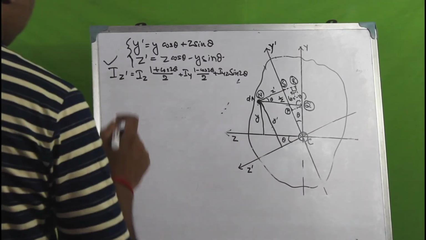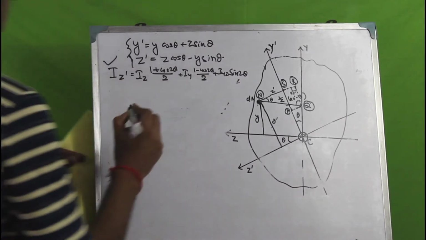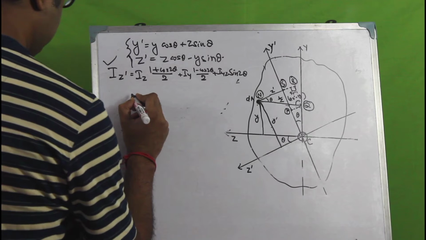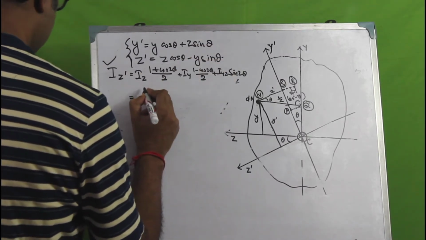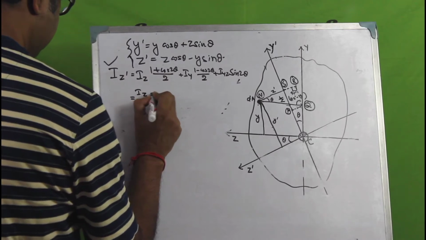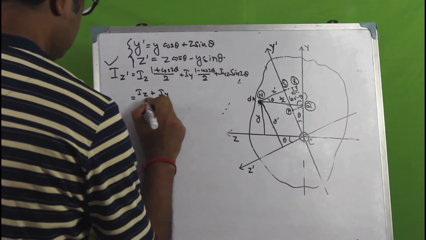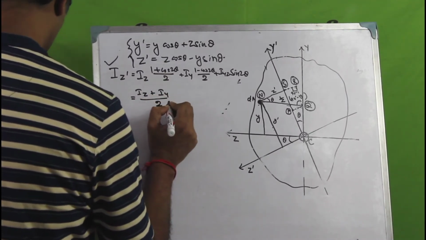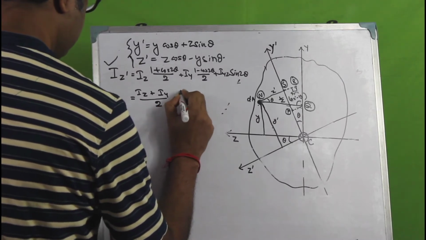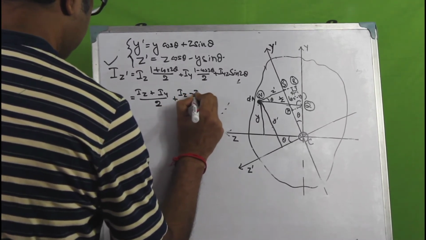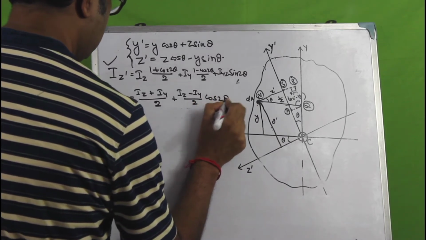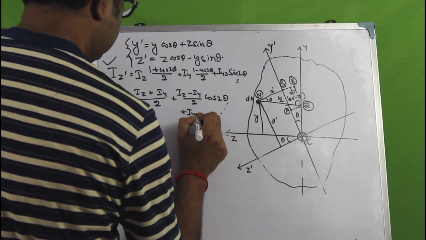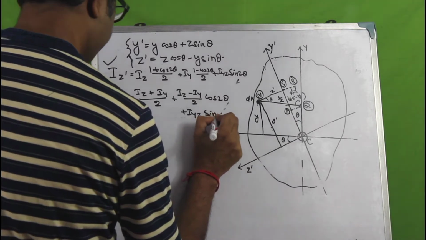Before we go into the calculation of Iy dash, if you rearrange these terms, we could express this as (Iz plus Iy) by 2, and then we have (Iz minus Iy) by 2 cos 2 theta, plus Iyz sine 2 theta.